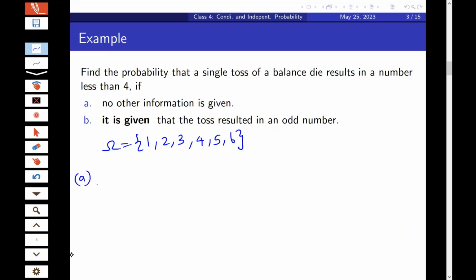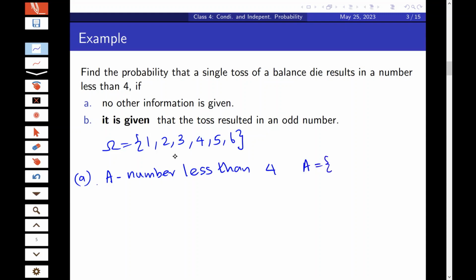Let's do part A. No other information is given, so the event is a number less than 4. I'm going to define an event called A, number less than 4, and I can write down the items in this event.